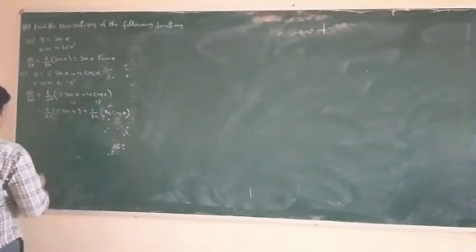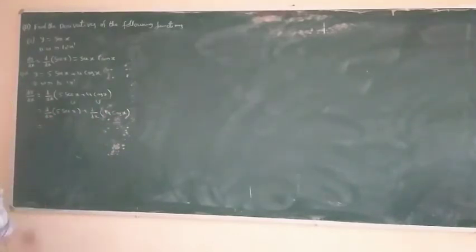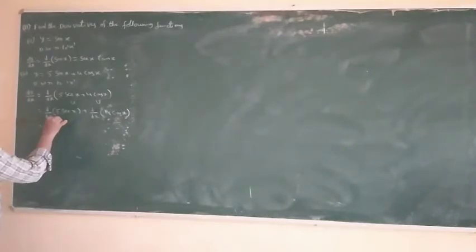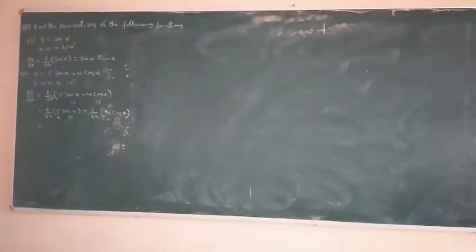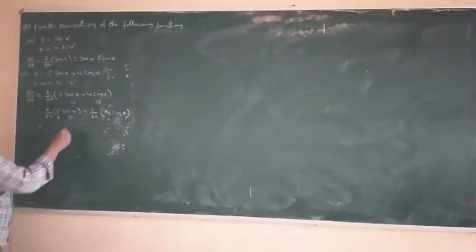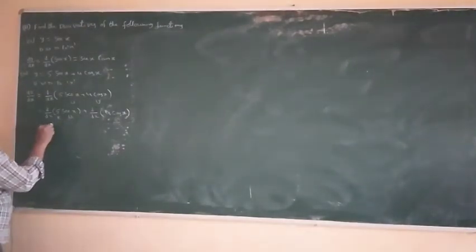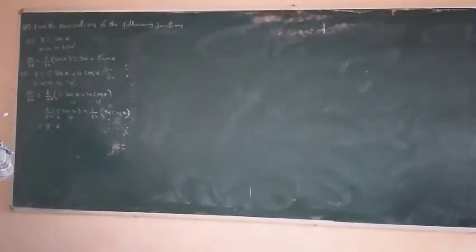Next, this is k into u. Here 5 is k, this is u. Derivative of k into u is equal to k into derivative of u. So 5 is a constant.